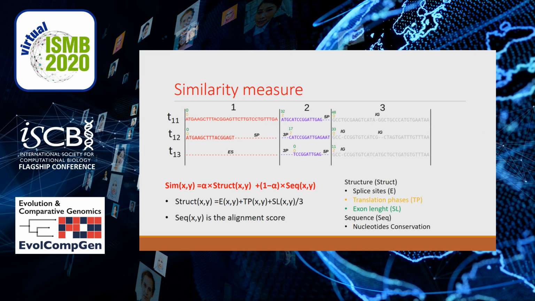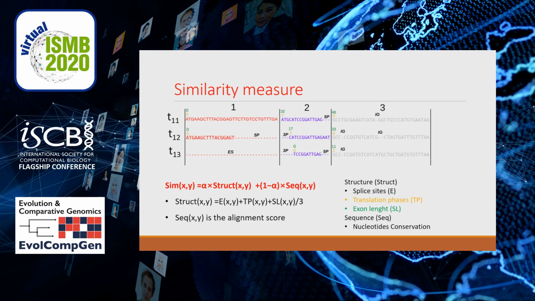Let's see how our similarity measure is defined. For a given splice alignment, we start by making some annotations. On this splice alignment, the yellow color represents the translation phase, the green color represents the exon length, and we can see some splice events like 5' extension, 3' extension, exon skipping, internal gap.